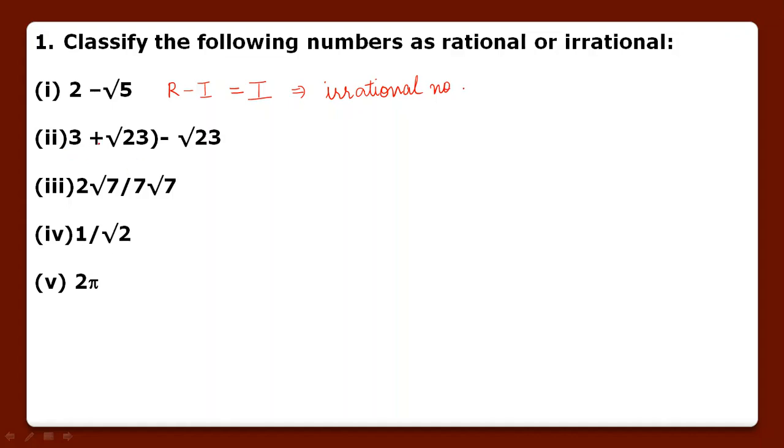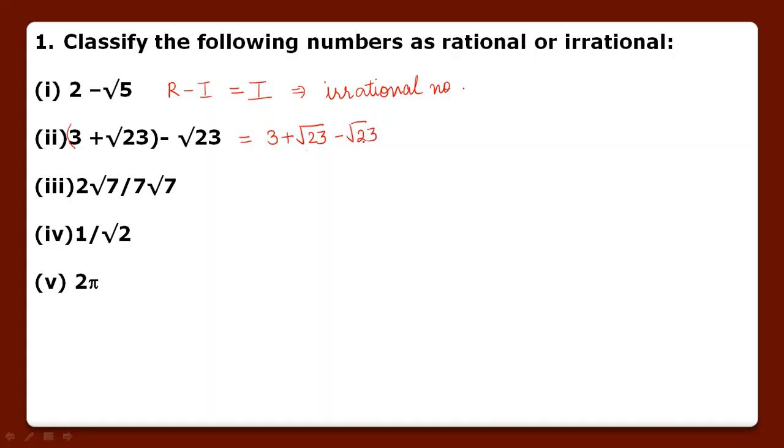Second, 3 plus root 23. Here again there is a bracket, minus root 23. We can solve this. First of all, we will open the bracket: 3 plus root 23 minus root 23.